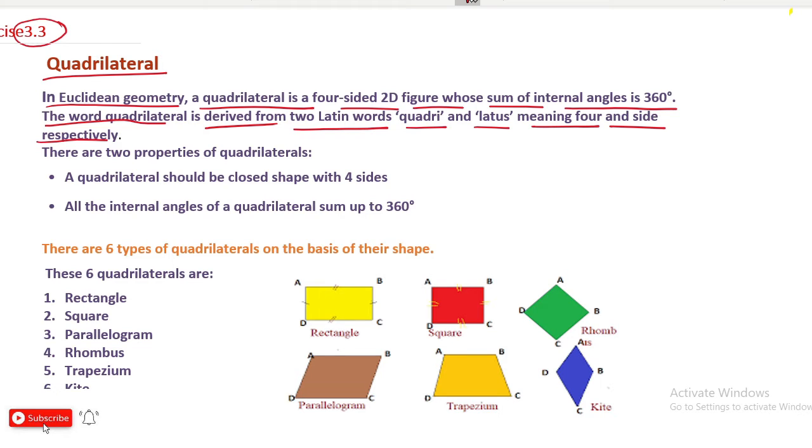There are two properties of quadrilaterals. First, a quadrilateral should be a closed shape with four sides. All the internal angles of a quadrilateral sum up to 360.